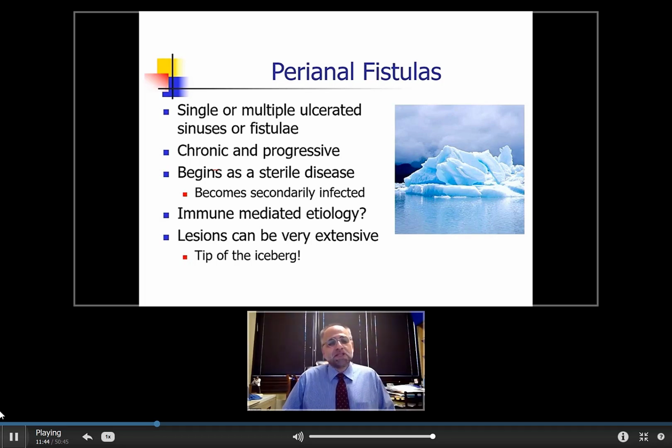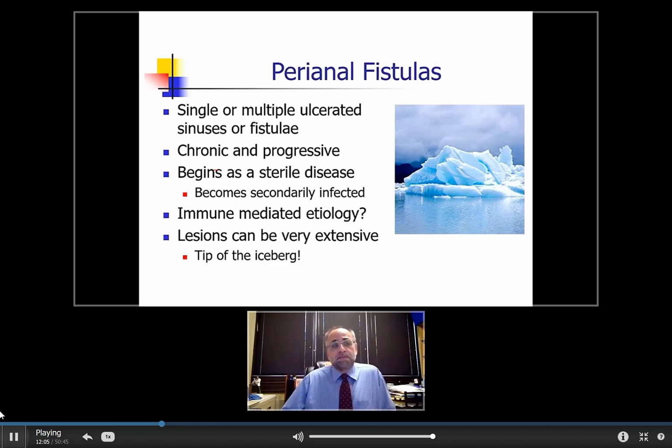These are usually single or multiple ulcerated sinuses or fistulae. In my experience, they're usually multiple fistulae that we see. They're usually chronic, and they are typically progressive. This is a condition that does get worse over time and can linger for a very long time.